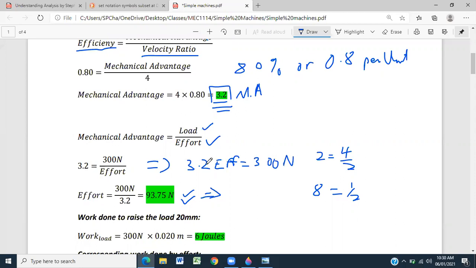Good. So now from here, they carry back over the 3.2. Got that? Good. Algebra. All right.